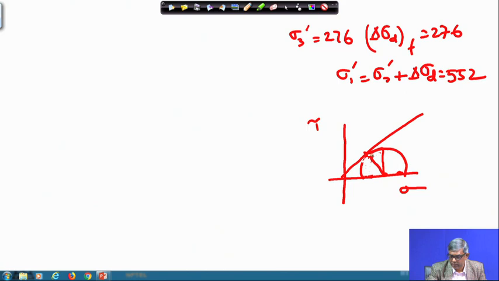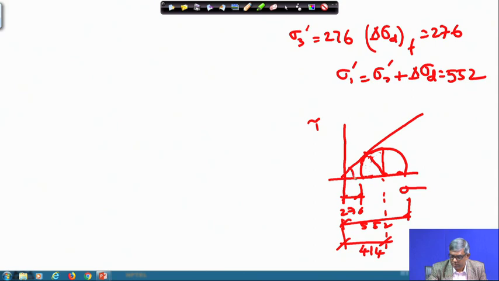So, we can have this is the circle, and this is actually 276, and this is actually 552, and up to this center this is actually your 414.